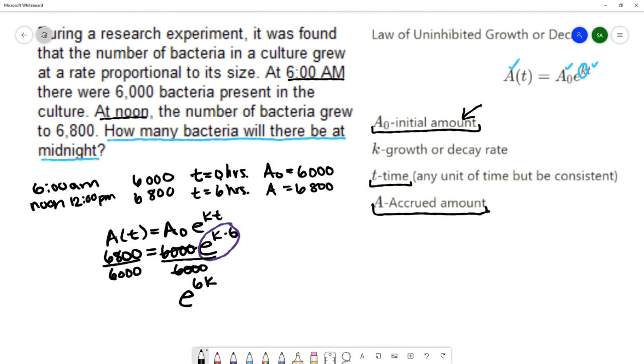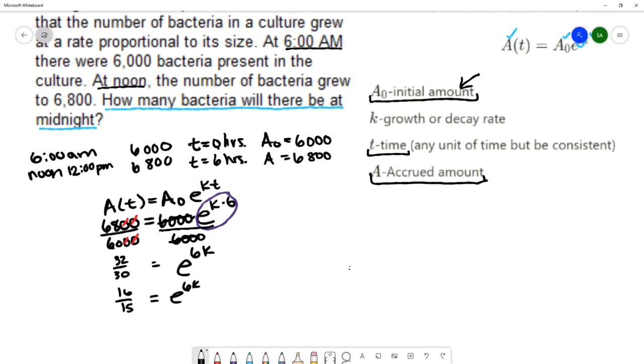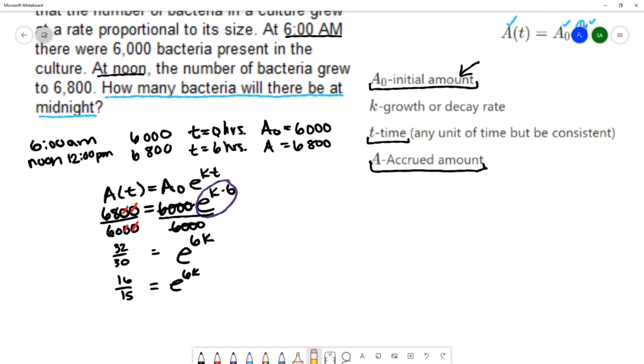On the left, I can reduce this a bit. The zeros cancel because of powers of 10. They're both even, so this becomes 32 over 30, and I can go down one more time, 15 and 16, since they're both even. Now that we have isolated that exponential and reduced, we're going to be able to solve our exponential by taking the log of both sides.